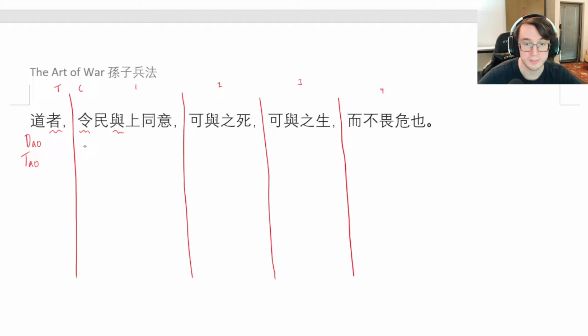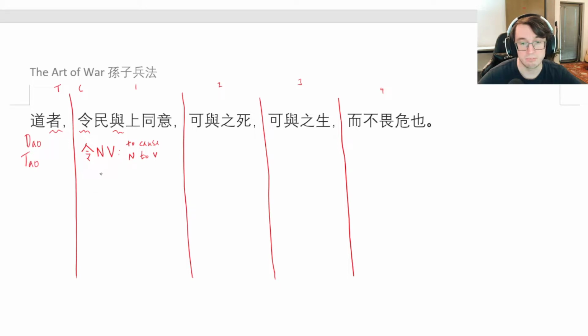The first one, ling, is a causative. So ling means to cause, literally. So if you have ling followed by a noun, followed by a verb, that means to cause the noun to verb. To cause N to V, right?